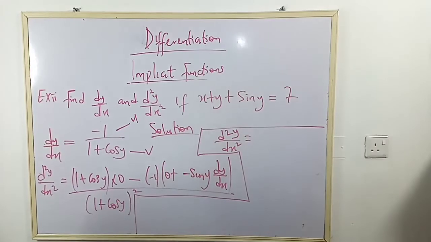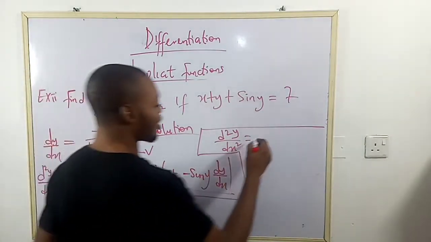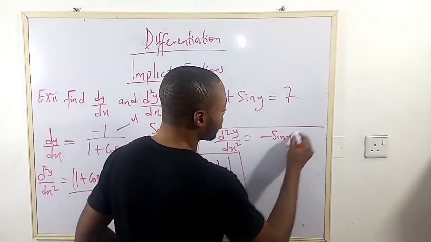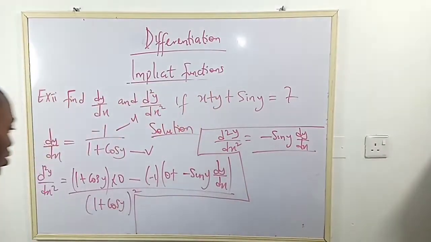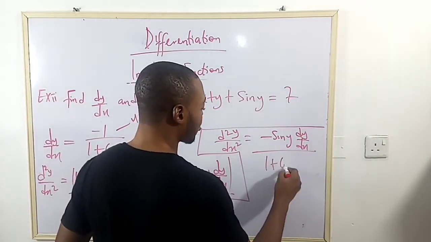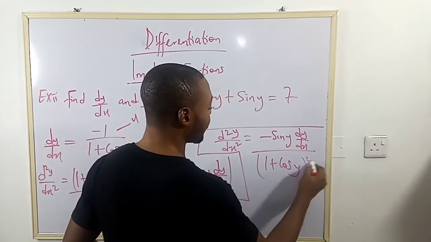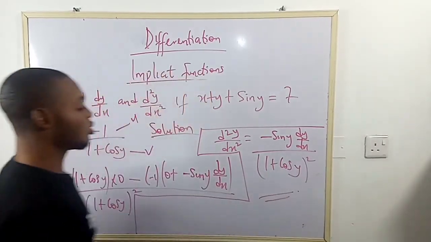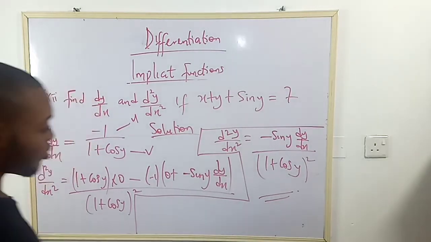So all we have left is minus sine y dy/dx all over (1 plus cos y) everything squared. So that is the second derivative, minus sine y dy/dx all over (1 plus cos y) squared.